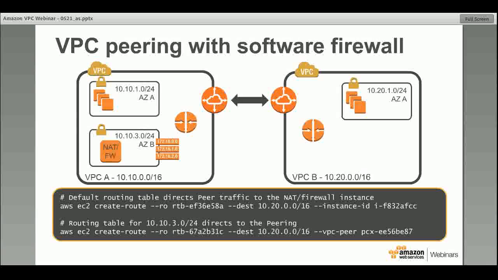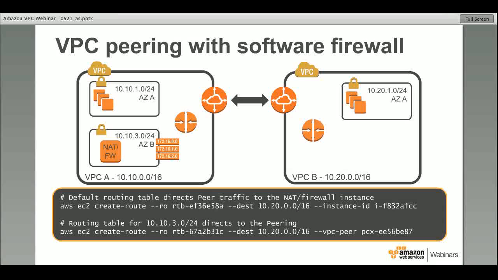Now, additionally, in the prior section, we talked about the use of a NAT or firewall device to reach the internet. Some customers actually also use this configuration to mediate traffic that goes across the peering connection, into another VPC. So similar to what we did before, in this case, we'll create a second subnet with a second routing table that will run a NAT or firewall instance in that subnet.